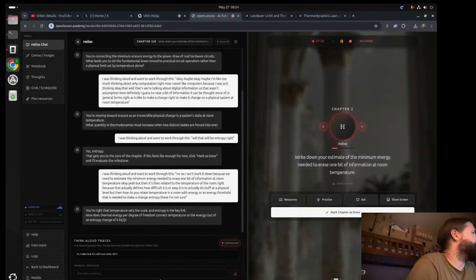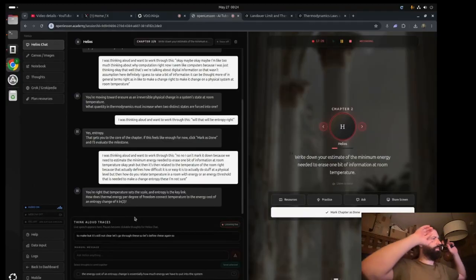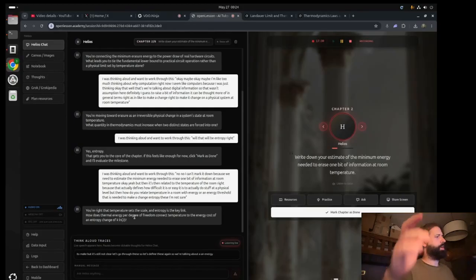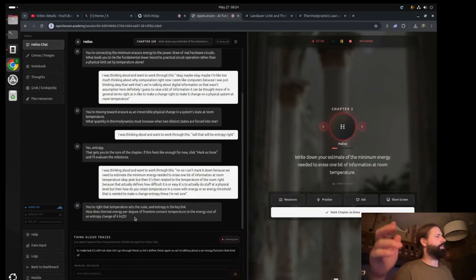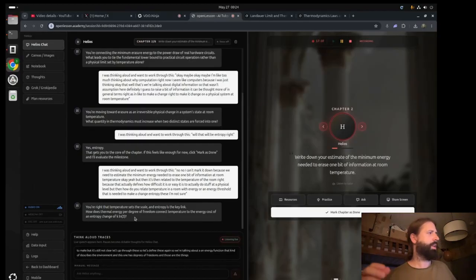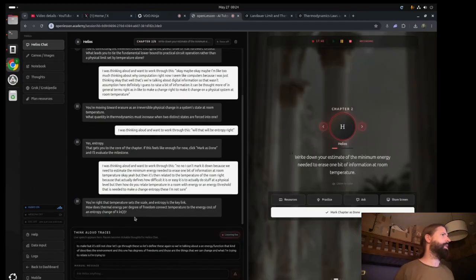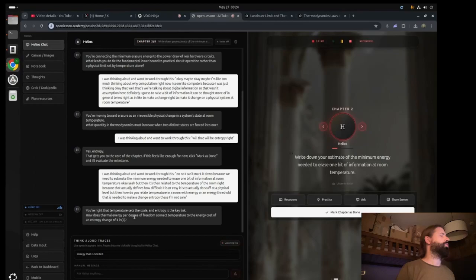Let's go through these. So let's define these again. We're talking about an energy function that describes the environment, and this one has degrees of freedom, and those are the things that we can change. And what I'm trying to relate is this concept of energy that is needed to actually make a change in one of these degrees of freedom.